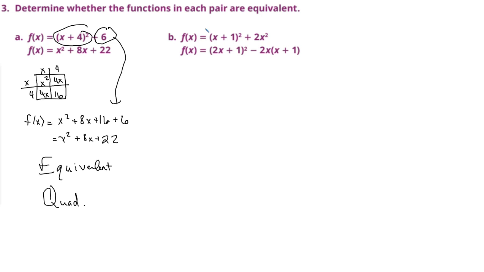In this next one, we have to do a little bit extra work because they have 2 sets of things that we need to take care of. So this x plus 1 first. That gives you x squared, 1x, 1x, and 1.